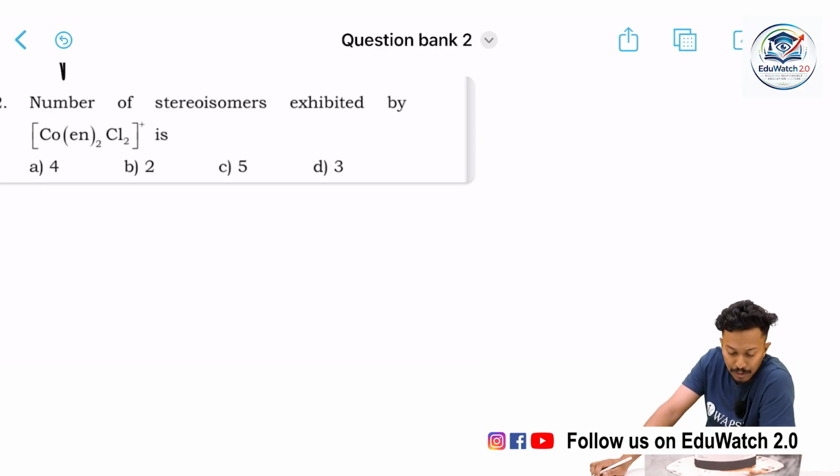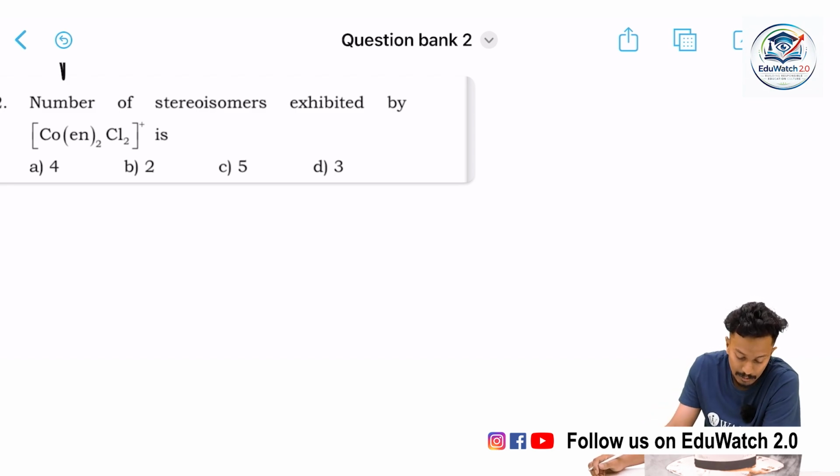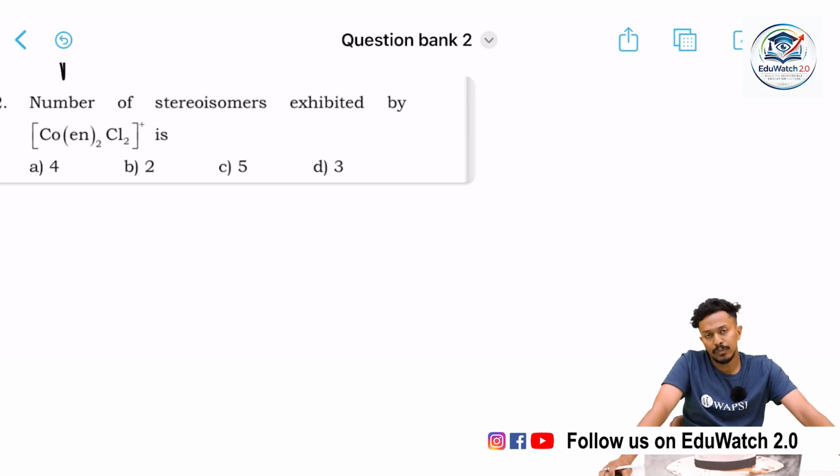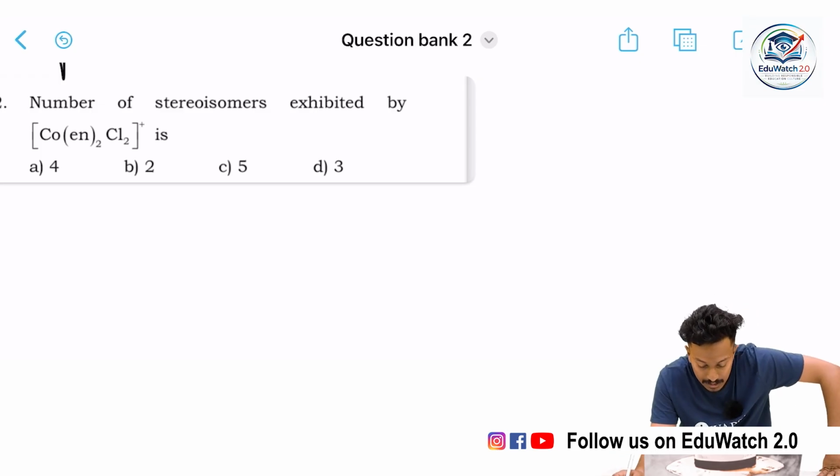Number of stereoisomers exhibited by the [Co(en)2Cl2]+ cation. Okay, so this is our compound. We do know this is one of the easiest questions in stereochemistry, determining the number of stereoisomers. Okay, so we should write out the cis and trans forms of this compound.